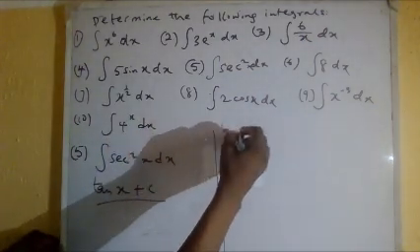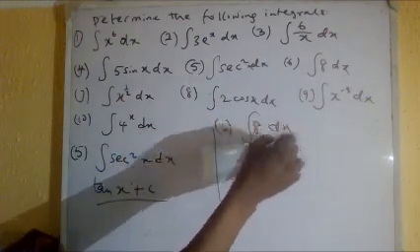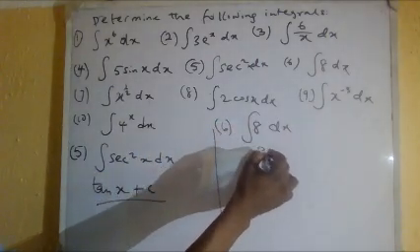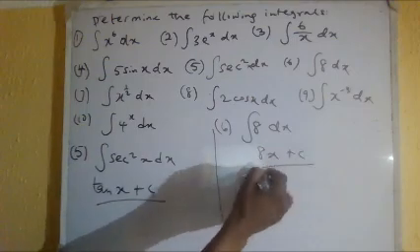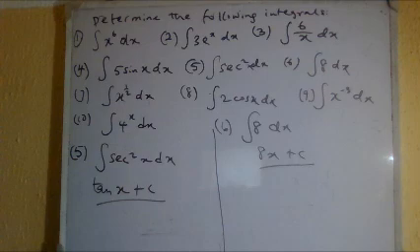Number 6 is just the integral of 8. It's a constant, right? Because I have the dx here, I know that I will pair 8 with x, then plus c. That's the answer for number 6. Then number 7 has a fraction. It's interesting.